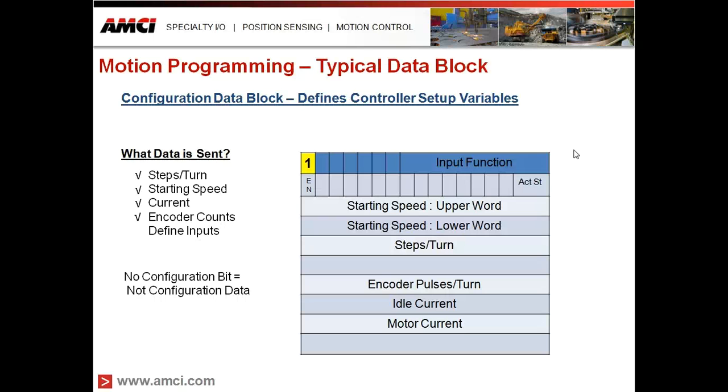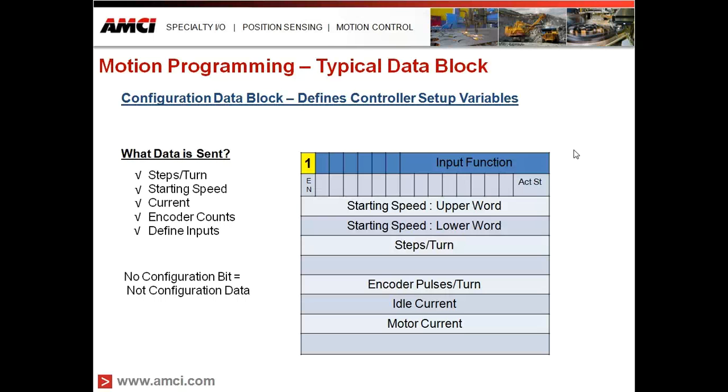If you're using an encoder for your system, whether it's an external encoder like you would use with an SD17060E or the ANG1E, or if it's an internal encoder like you would use with the SD17060E, the SMD23E or the SMD23E2, those would be defined here in the encoder pulses per turn.